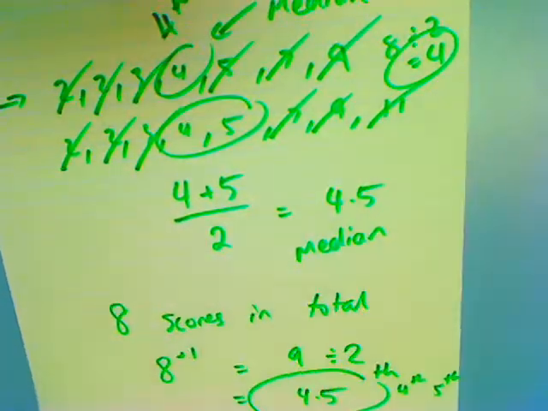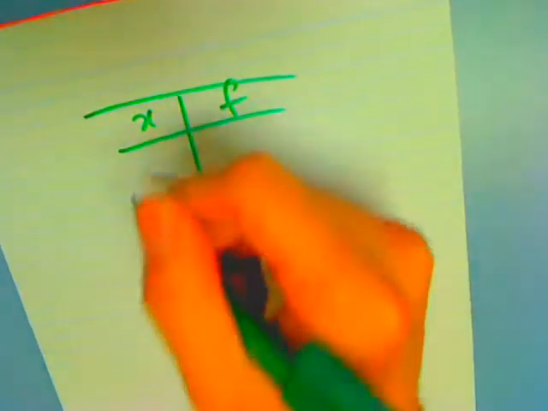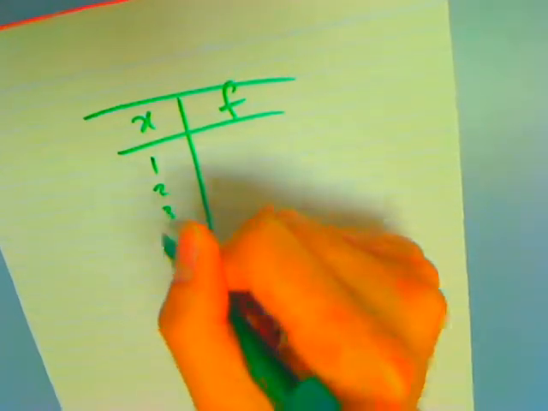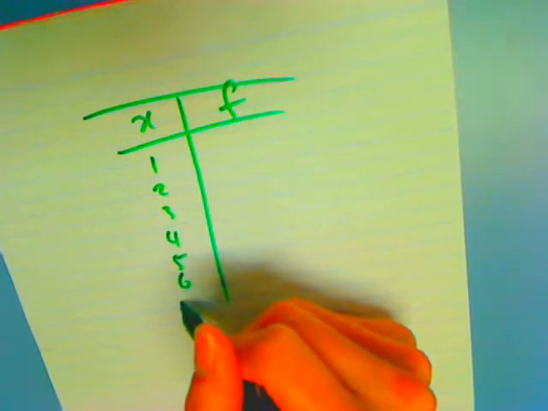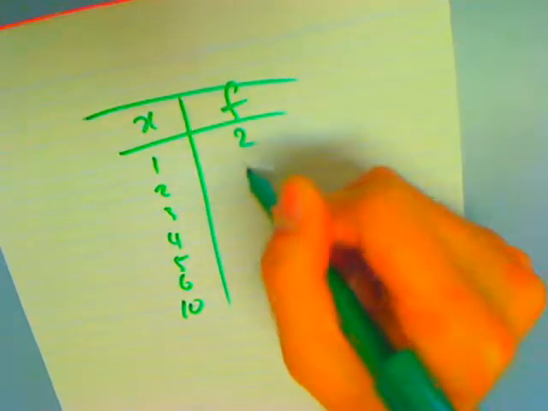Again, information may be sorted as differently. So here's a table now. Again, x and f, 1, 2, 3, 4, 5, 6, 10, and then here are some numbers.